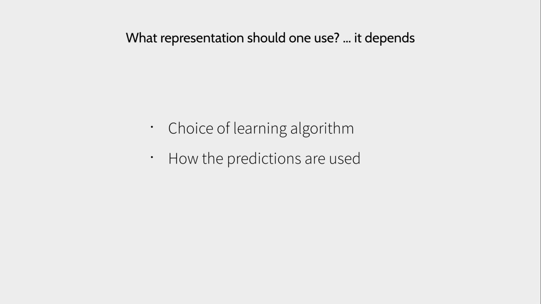So what representation should one use? Well, the results suggest that it depends, because it is clear that the representation one chooses generally depends on the choice of learning algorithm, because as we've seen, the 3 learning algorithms we considered perform differently based on the dataset we used. And secondly, it depends on how the predictions are used.